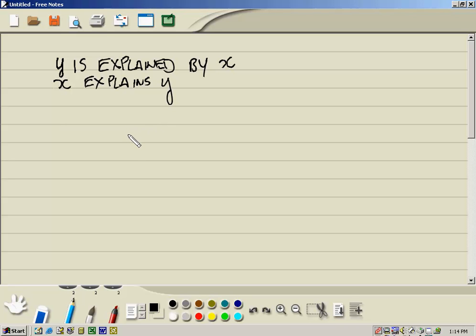What you're going to have to understand here is, let me draw a simple diagram, that given a particular value for x, we can then predict what the value for y will be.